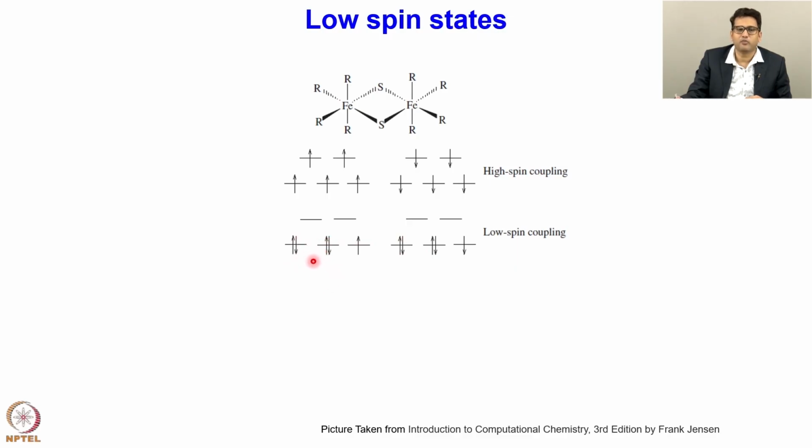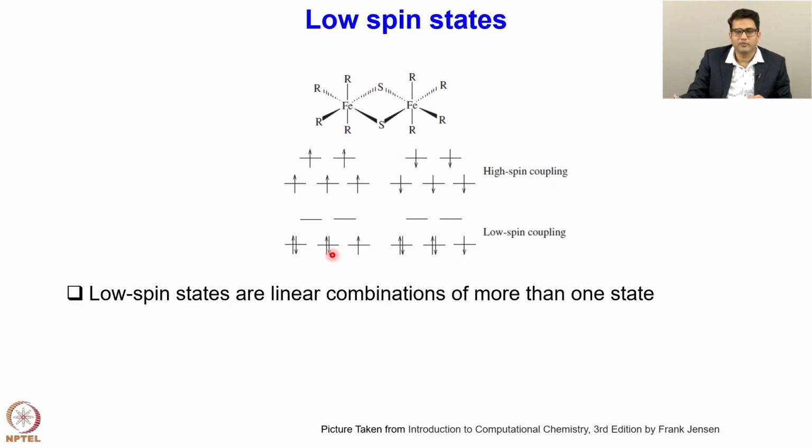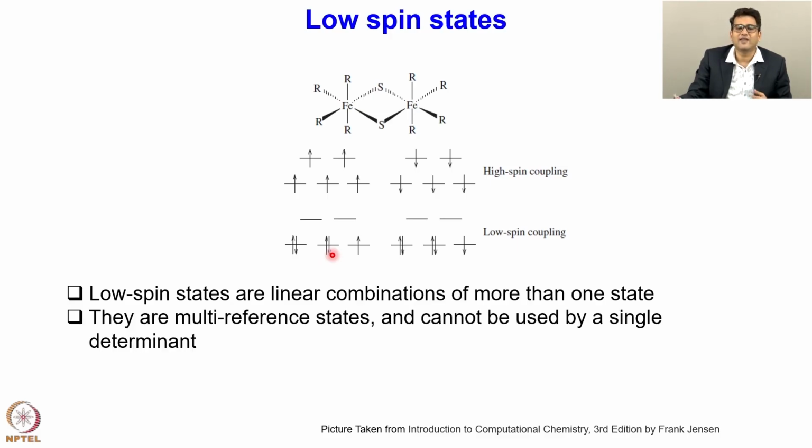I can also have a configuration where maybe in the first orbital the electron is uncoupled and in the second and third orbitals the electron is coupled. That means my resultant determinant is the linear combination of all these possibilities. So, because of this, the low spin states are linear combinations of more than one state. So, basically they are multi-reference states and they cannot be described by a single determinant.